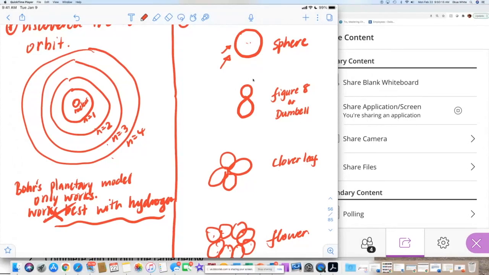And then he also suggested that apparently when this electron is going around these orbits, it's constantly releasing energy. So scientists said, okay, well, if it keeps releasing energy, it will lose energy each time it releases energy, and it will move closer to the nucleus. One day, the electron would just implode into the nucleus, and then the atom would cease to exist. So then how come things are still around?